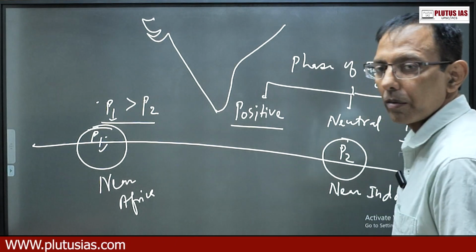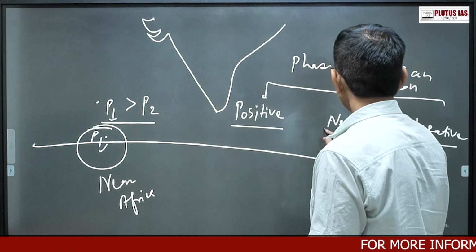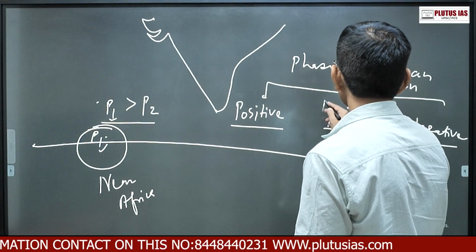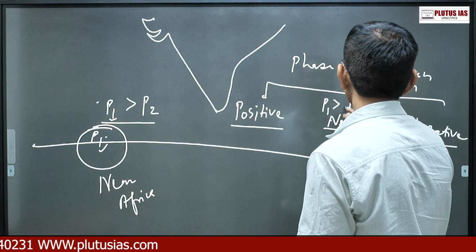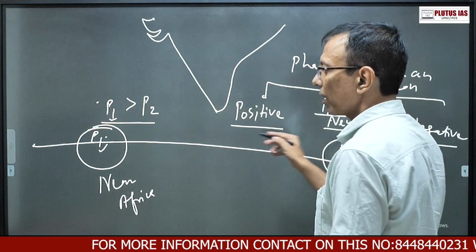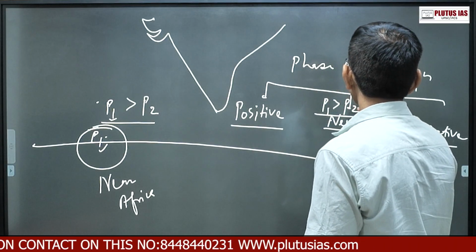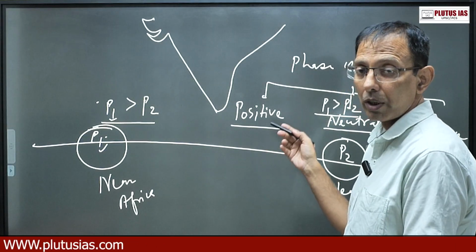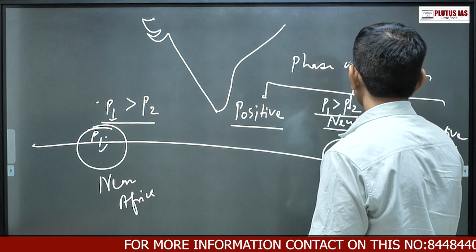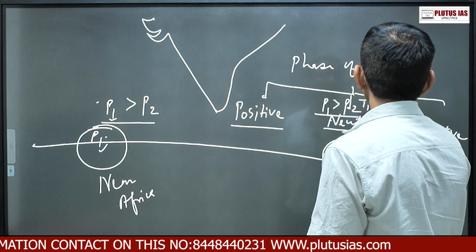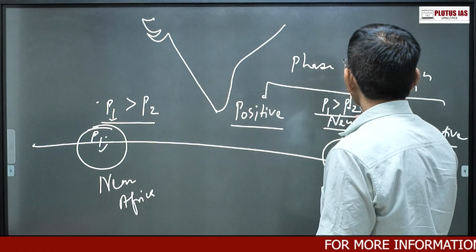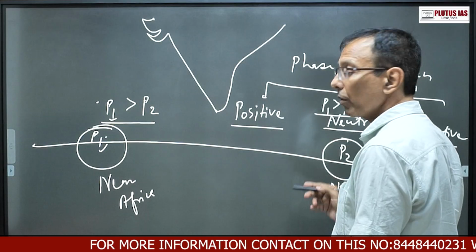First, see, in neutral phase, what happens? P1 is greater than P2, right? Since pressure is related to temperature, the temperature T1 is less than T2, which results in more pressure P1 in the region of T1.